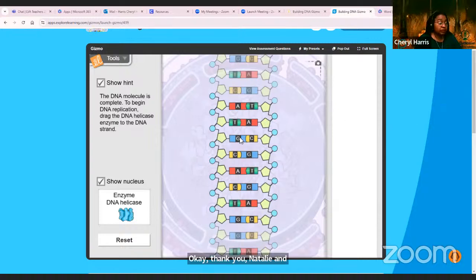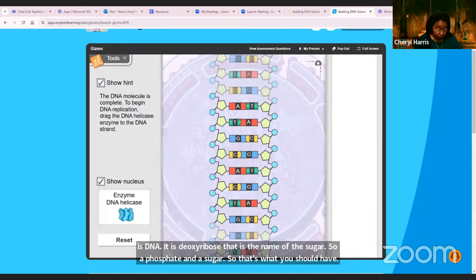They said a phosphate and a sugar, or deoxyribose is also correct. This is more specifically because this is DNA. It is deoxyribose. That is the name of the sugar. So a phosphate and a sugar. So that's what you should have. Or phosphate and deoxyribose sugar for A.